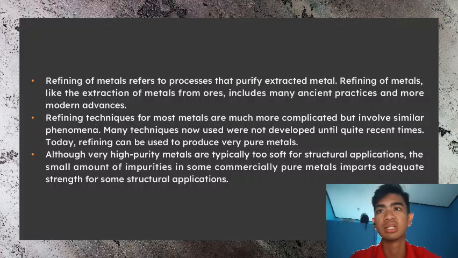This can be readily seen in a micrograph of commercially pure aluminum at 500 times magnification. The dark particles in the micrograph are concentrations of impurity compounds, in this case Al2O3. These concentrations of particles are similar to inclusions or stringers in wrought iron.